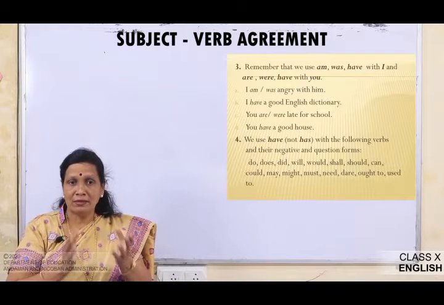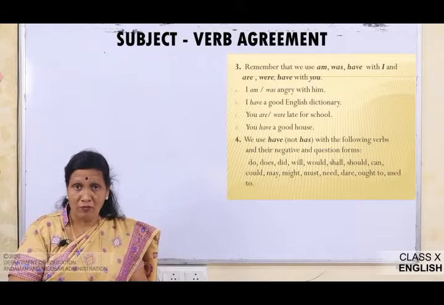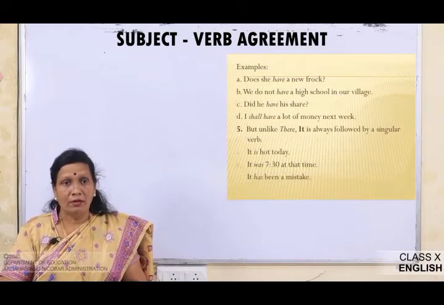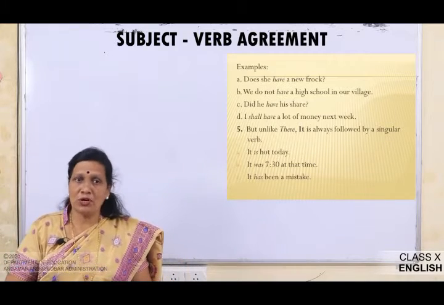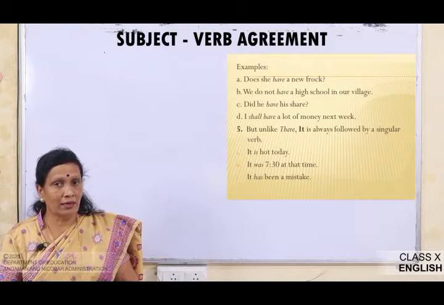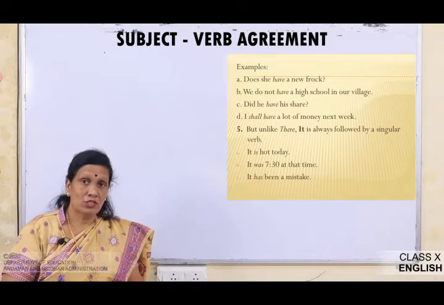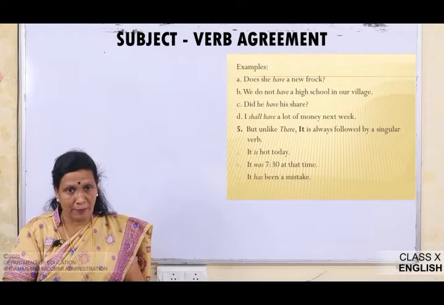So, with these verbs, children, we use have, not has. Okay? For example, does she have a new frock? We do not have a high school in our village. Did he have his share? I shall have a lot of money next week.